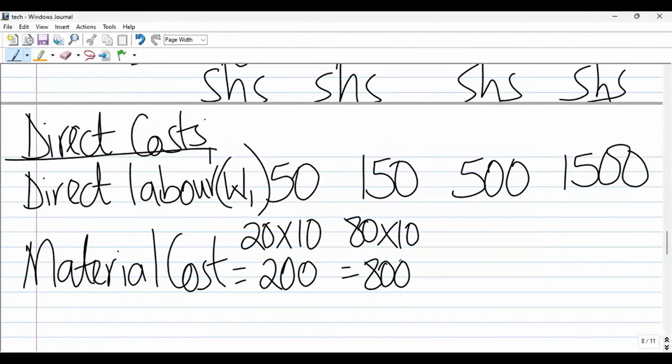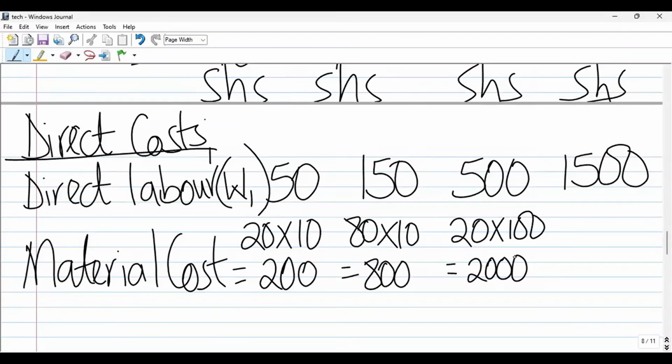Go to the next. The next product, the material cost per unit is 20. So 20 times 100. This is 2,000.